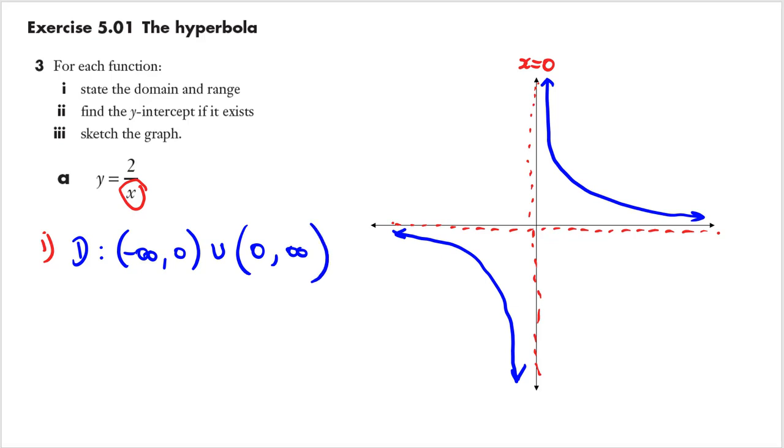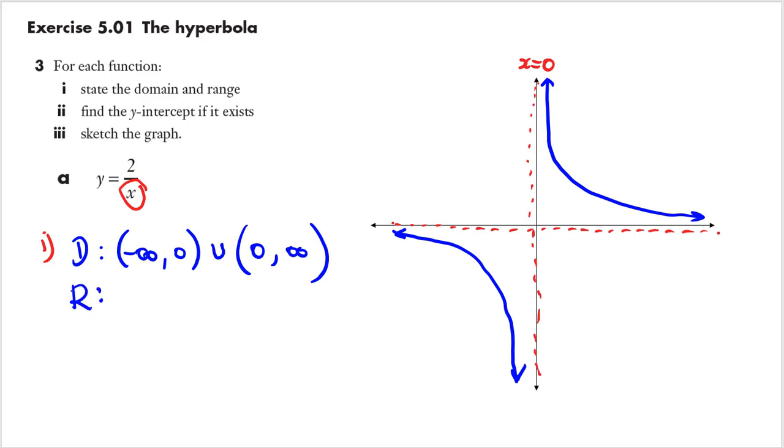Now, this way of drawing the domain is particular to the hyperbola, where you've got this joining bit. This is a symbol for union, and it's signifying that there's an asymptote at 0. So the graph is continuous here. There's a discontinuity here, which is the asymptote, and then it goes again from 0 up to infinity.